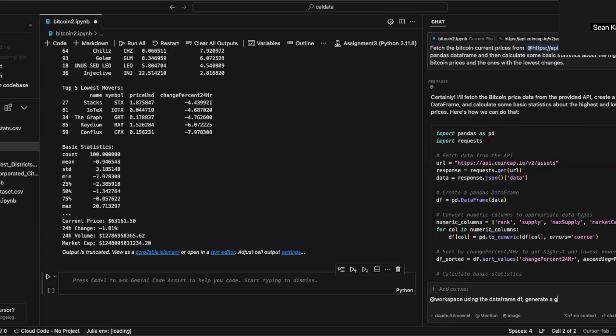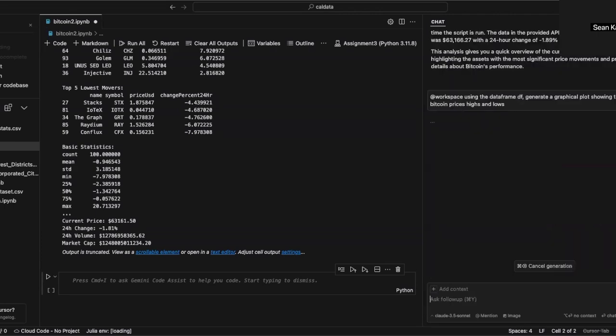Generate a graphical plot showing the various Bitcoin prices, highs and lows. So let's try that.